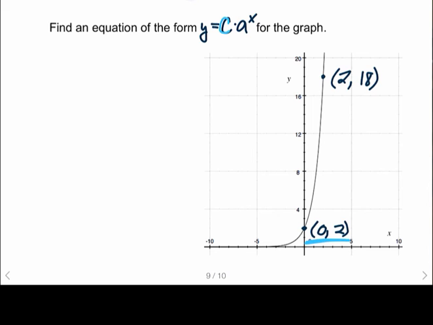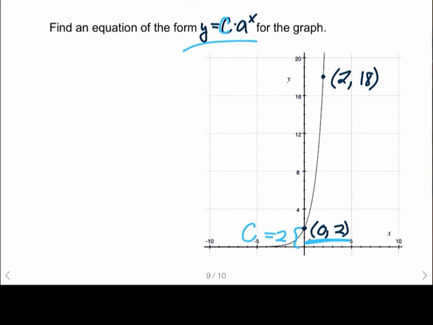Since this is of the form y equals c times a to the x, there's no horizontal or vertical translation, which means that the distance between the y-intercept and the horizontal asymptote is 2. That tells me that the stretching factor, c, is equal to 2.